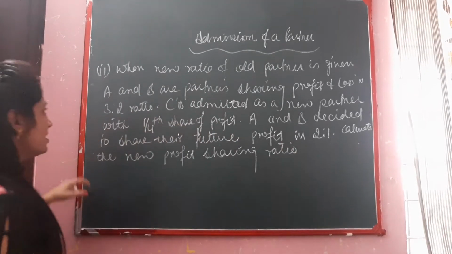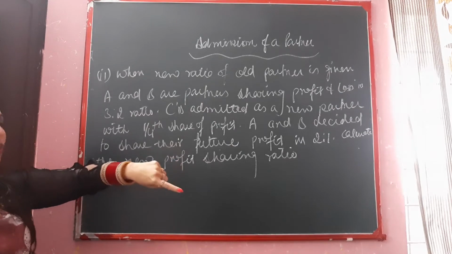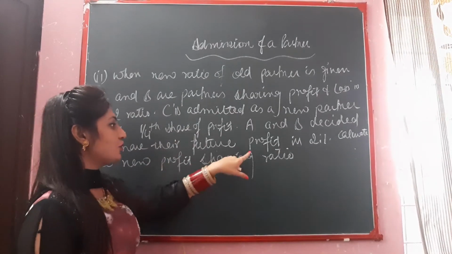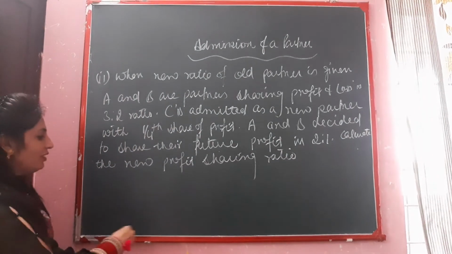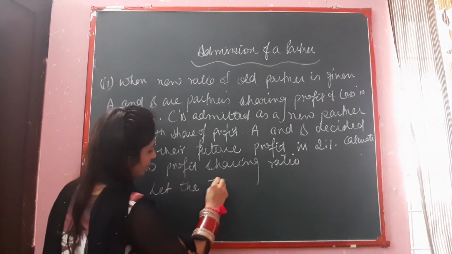So in this case, see, what is given? The new ratio of the old partner is given. So that is A and B decided to share their future profit in 2:1, right? So how we will calculate? First of all, we will take the total share is equal to 1.